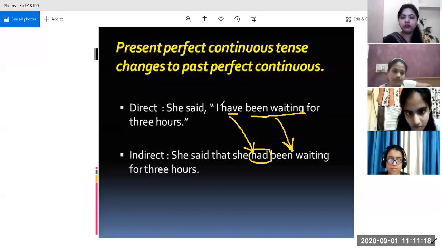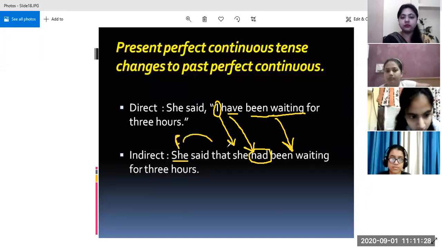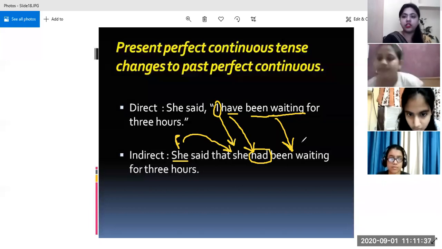However, the pronoun, this we have already done, that I will change into she, because the subject is in feminine gender. The pronoun which was in the first person in the direct speech changes into she.